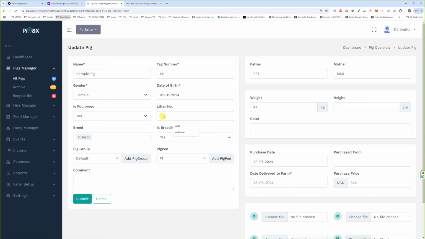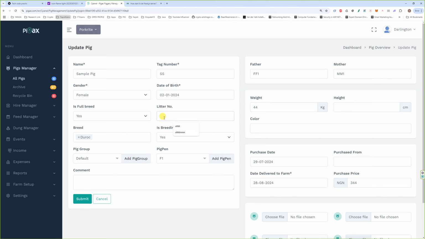So for example, if a sow gives birth to a litter of 10 in January and gives birth to another litter of 10 in December, those two are not going to have the same litter number because they came in two different batches. A litter number means the mother gave birth to a set at that same time.